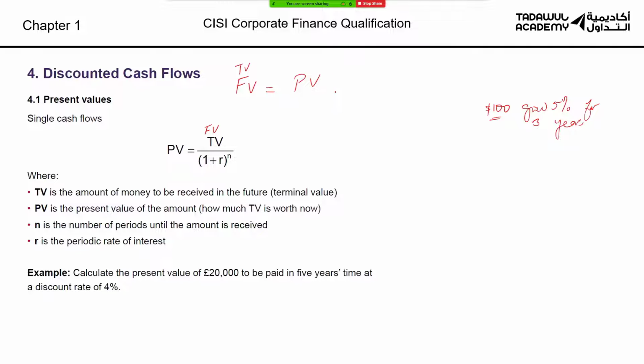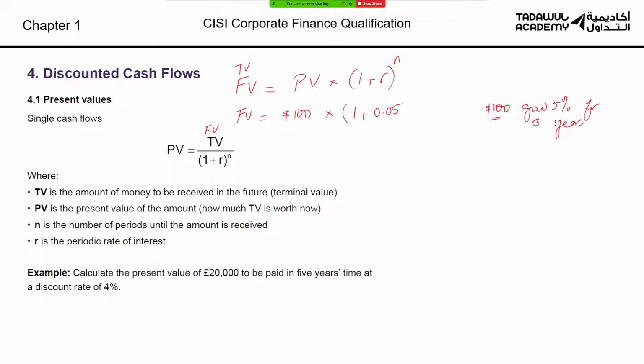We use what we call the compounding factor: present value times 1 plus the rate at which we are growing, to the power n, the number of periods. So the future value of this deposit will be equal to the present value of the money today, $100, times 1 plus the growth rate, which is 5%.